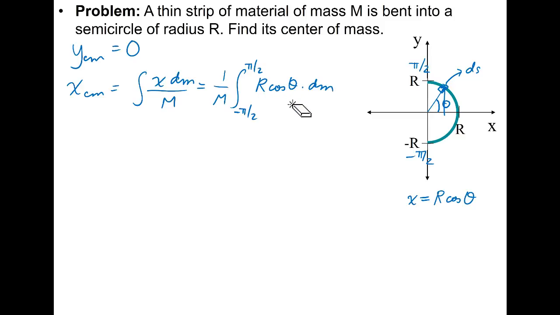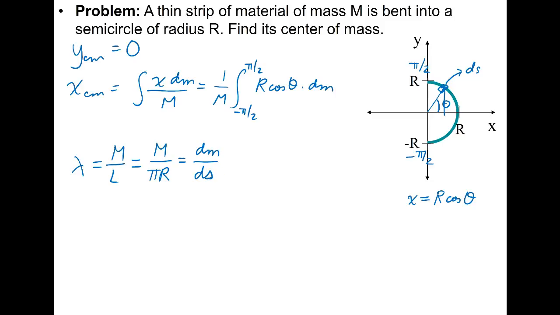Okay, so here's another example of where we need to turn dm into something else. Let's use the fact that lambda is going to be mass over total length, but if it's a semicircle, the length is simply going to be pi r. But that's the same thing as dm over ds. Okay, not dx, but ds.